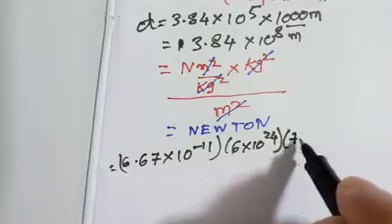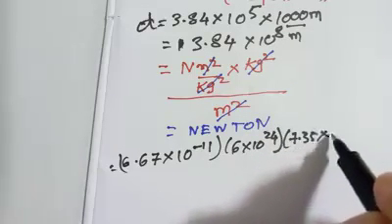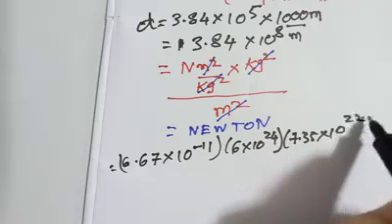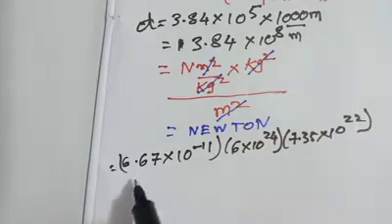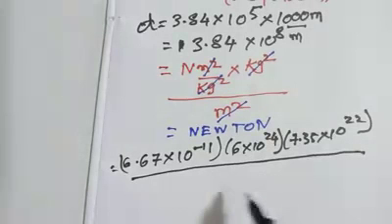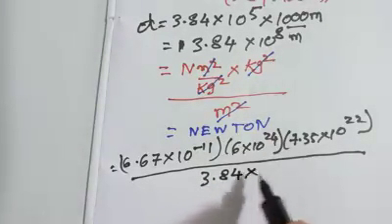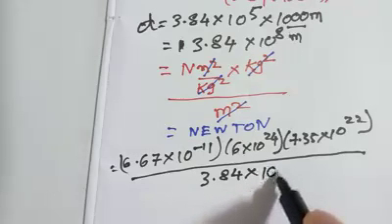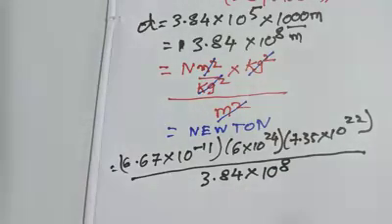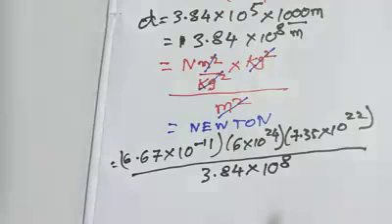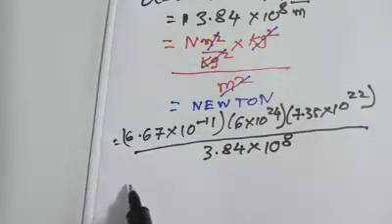Multiplied by 7.35 times 10 to the power 22, which is the mass of the moon, whole divided by 3.84 multiplied by 10 to the power 8. So we convert it into meters. I'm not writing the units right now because eventually it will come to newtons.